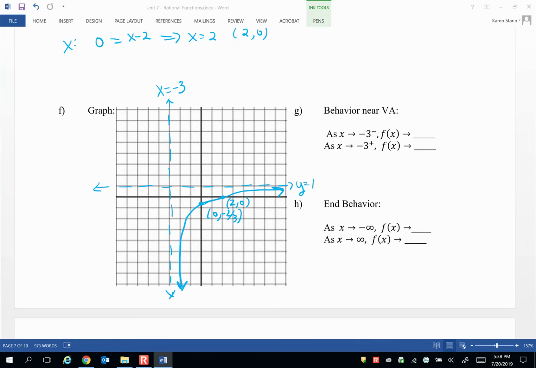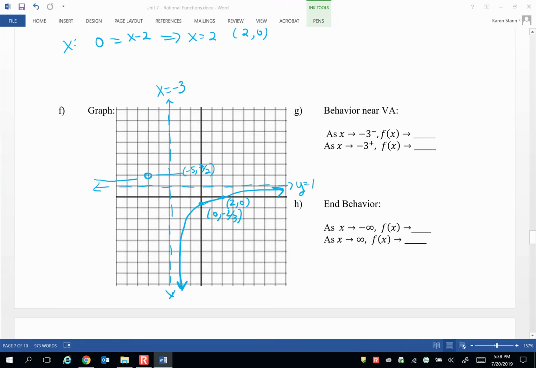because it can't be both above and below, or it wouldn't be a function. And then on the other side of x equals negative 3, I do have something I can document in that branch, and that is the hole at (-5, 7/2). And I also have to live between y equals 1 and x equals negative 3.